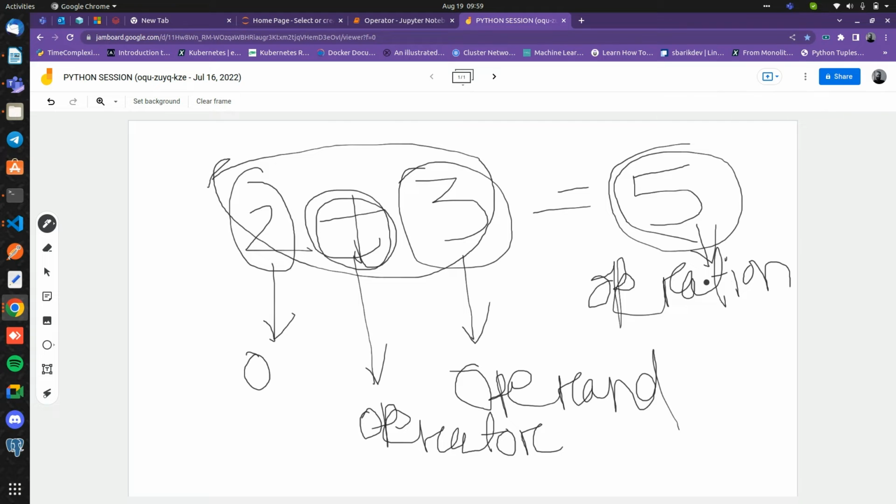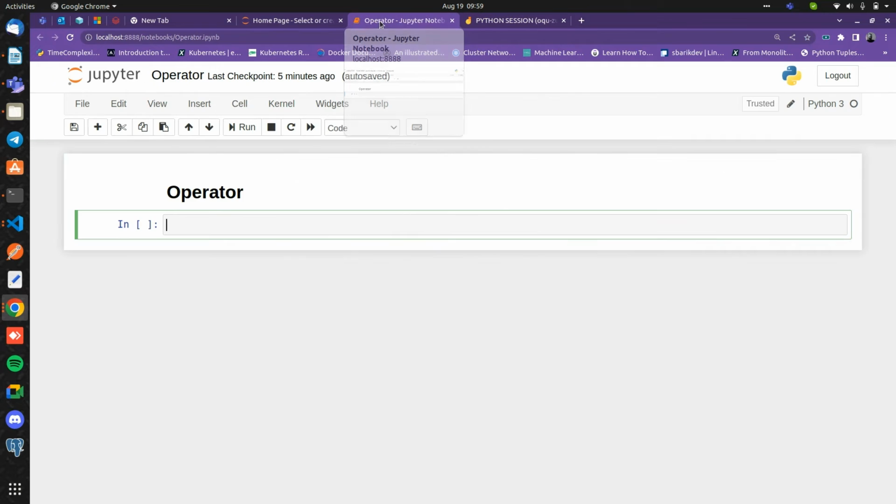Okay, so are you clear? So here 2 and 3 are called operands, the plus sign is called the operator, and the output is called the operation. Okay, so let's talk about how many types of operators there are.